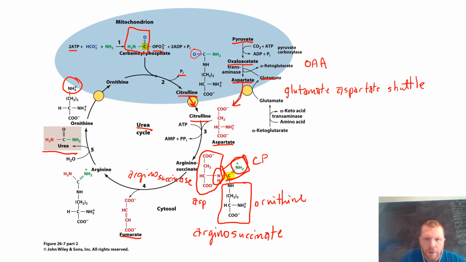That fumarate, well, we've seen that before in the TCA cycle, or the tricarboxylic acid cycle. Well, this fumarate molecule is written in red, and that can go into the mitochondria and ultimately feed the citric acid cycle. Okay, so this hydrolysis event here done by arginosuccinase is going to produce the amino acid arginine.